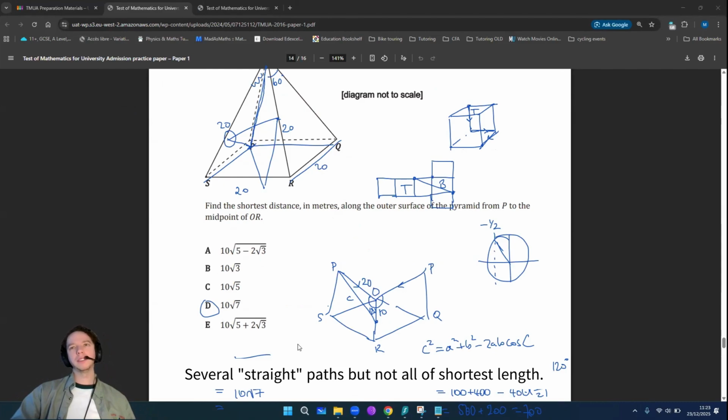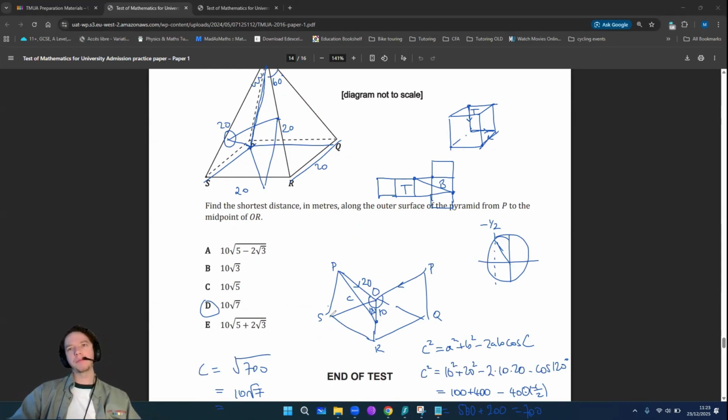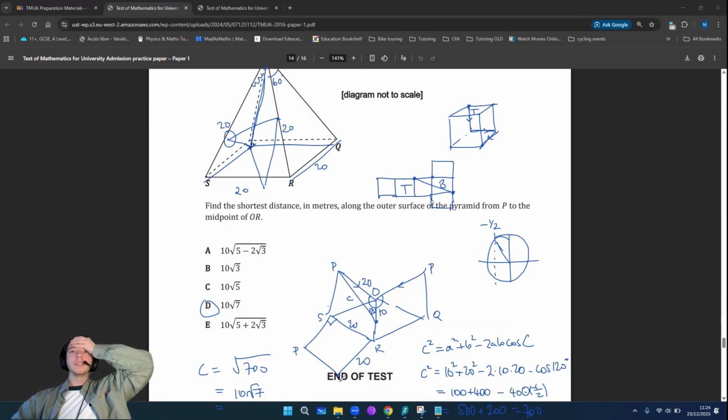So the way I've cut it, the square would be here, attached to the edge SR. So this is P as well, and this is Q. These edges are connected like this, and these edges are connected like this.